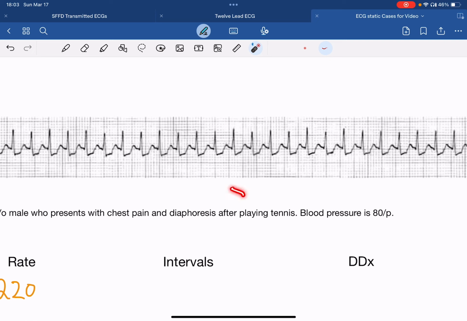Now, when you have rates that exceed 80 beats per minute, you're going to need to use the QT corrected formula. And so for the purposes of this rhythm strip, the QT is going to be less of an issue, and we're not going to consider it as being as critical as some of the other intervals, such as the P interval and the PR interval in the QRS complex.